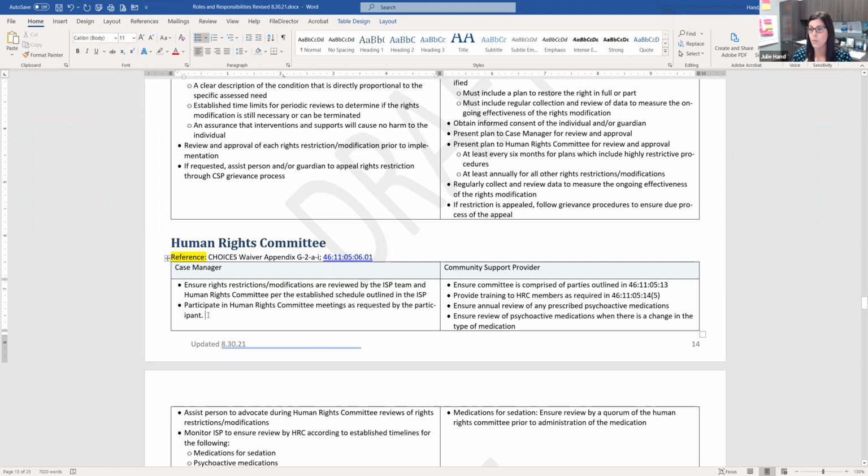So how do we make sure both of those things happened? And the documentation in the ISP mirrors that which is presented to the HRC, like the same information, the documentation is consistent, is what I'm trying to say. So it's just kind of linking that gap.